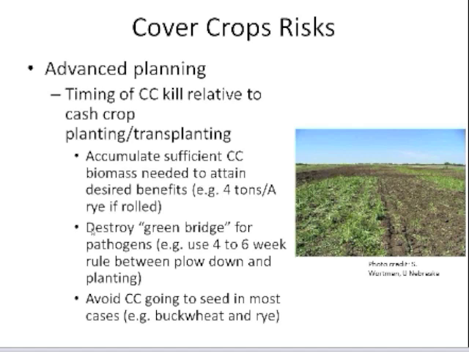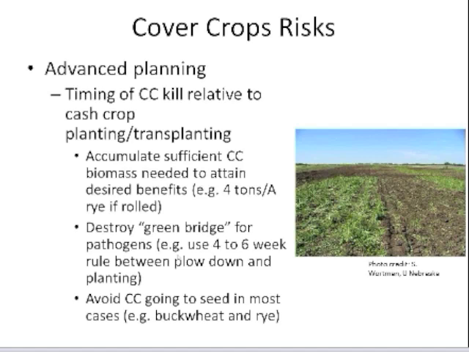You also want to make sure that you destroy the green bridge. This is a term that's used because, again, when you first plow under any plant material, the mycelial growth of fungi and oomycetes, which are disproportionately pathogenic, will jump onto that material. So the early decomposition stages, you tend to have a lot of this fungal growth.